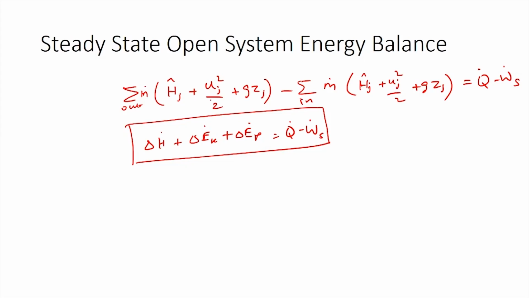Similarly, the total kinetic energy of the outlet stream minus the total kinetic energy of the inlet stream gives you delta Ek dot, and the difference between the total potential energy of the outlet stream and the total potential energy of the inlet stream gives you delta Ep dot. So, substituting these values we get delta H dot plus delta Ek dot plus delta Ep dot equals Q dot minus Ws dot, which will be used in place of delta U plus delta Ek plus delta Ep equals Q minus W, which was used for closed systems.